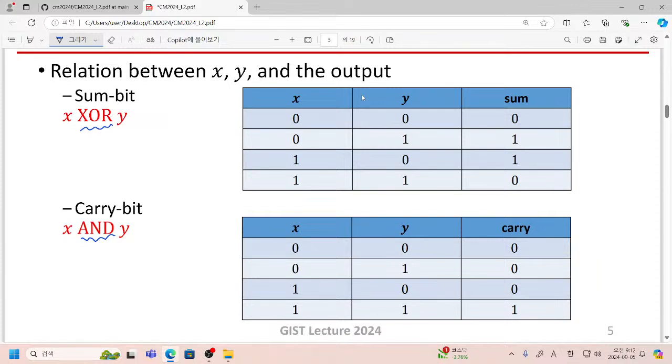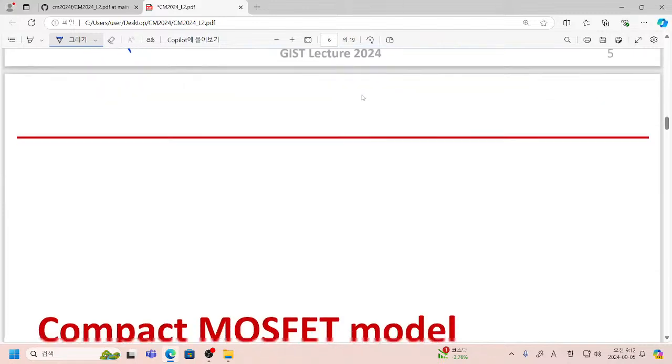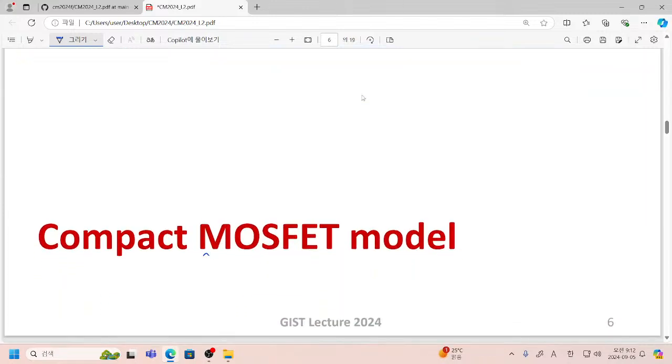So if we can build any two-input logical operation, then we can try to build any kind of logical system out of this bitwise operation. So now I wanted to say that our MOSFET is the building block to build such a logical system.